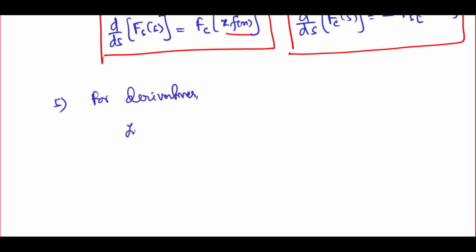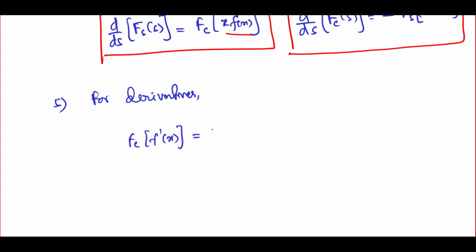If you know the Fourier cosine transform of f, the notations are already known to you, then the question is, do you know the Fourier cosine transform of f dash of x?